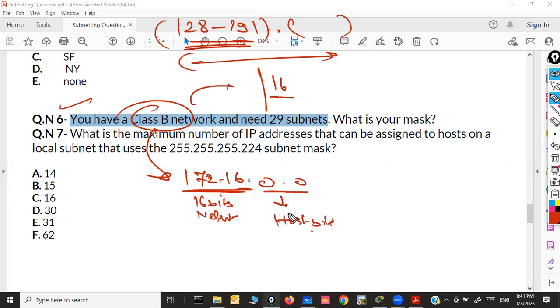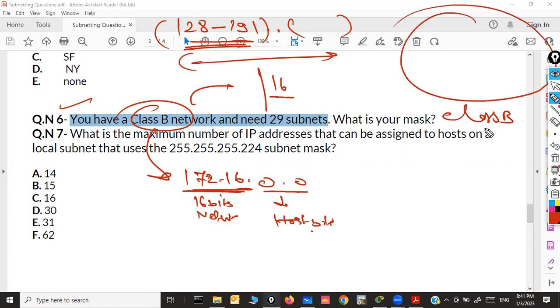Now if you are asked to divide this class B network into a minimum of 29 subnets, it can be 30, 31, 32, no problem, but minimum 29 subnets. So what would be the subnet mask? It's again an indirect question. It's not asking directly.